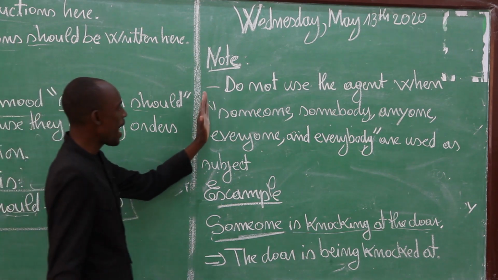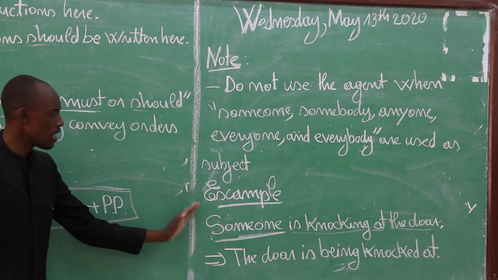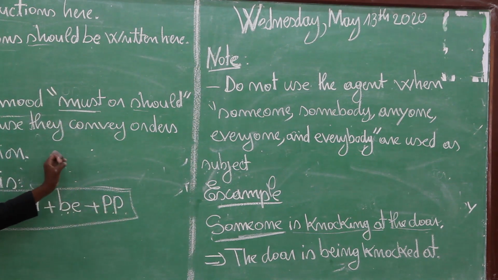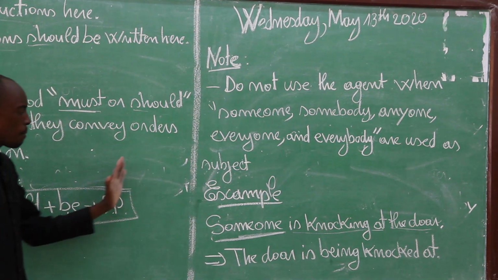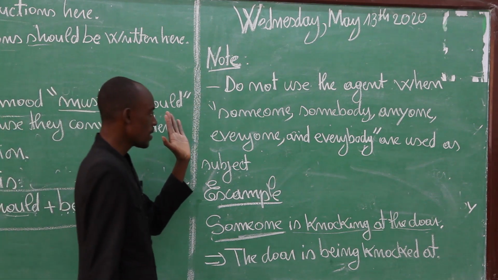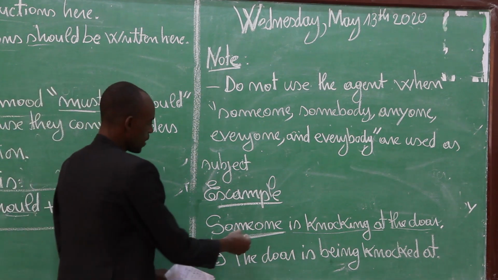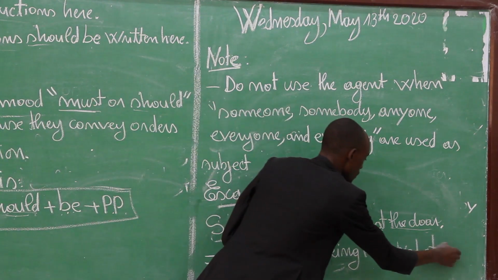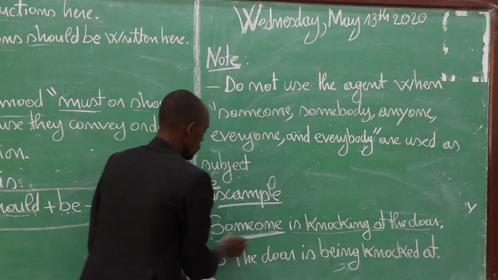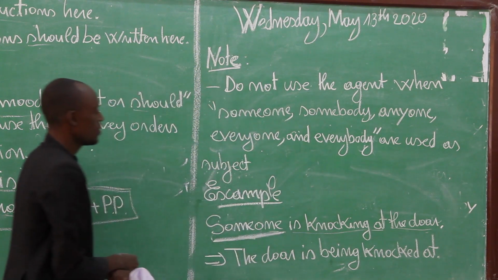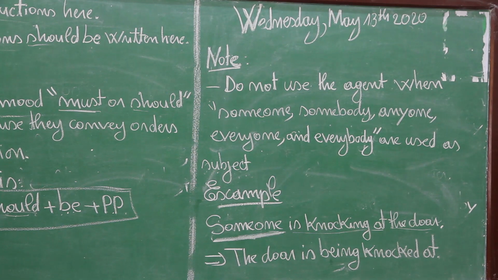When they are subjects in active voice, in passive voice we can't use them as the agent. This is why we cannot use the agent here, because in this sentence we have someone as the subject. You can take these notes.